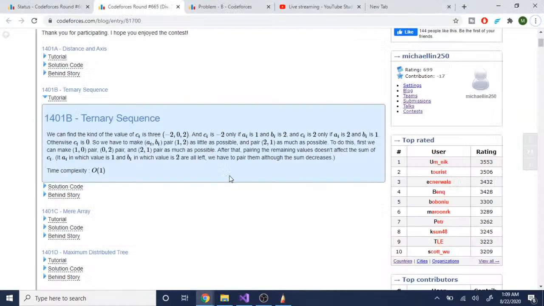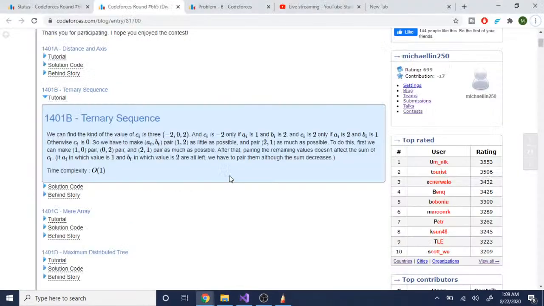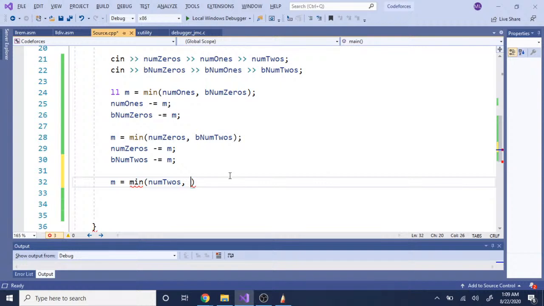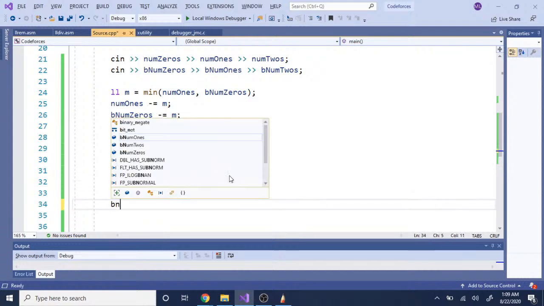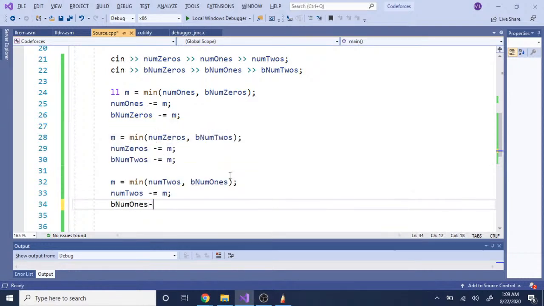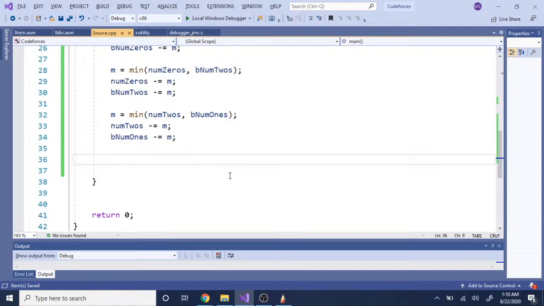I don't know. I feel like, okay, num twos with the number of ones. So yeah, so b num ones. How did they sum it up in the end though?